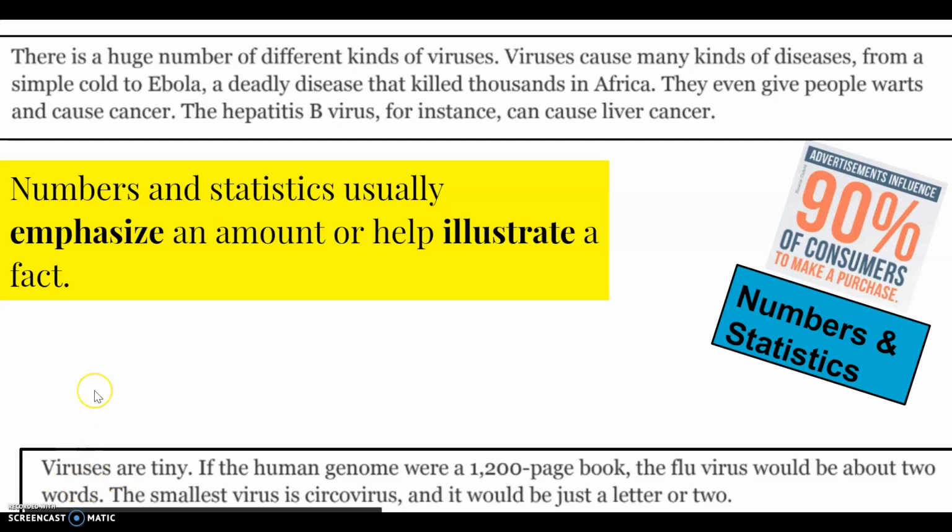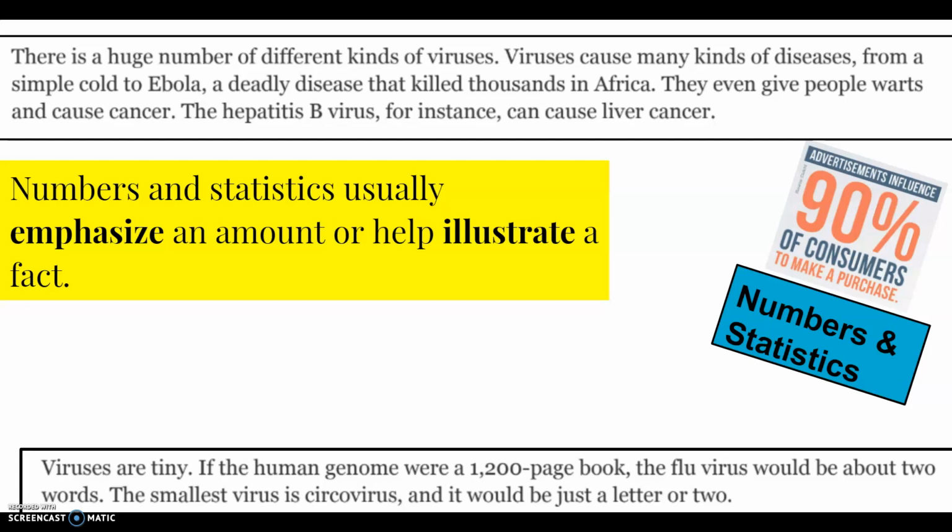Down here, the author has a different purpose but is using a number again. He states viruses are tiny. If the human genome were a 12,000 page book, the flu virus would be about 2 words. So the author is trying to illustrate and give us an analogy. He's comparing the human genome to a 12,000 page book and trying to illustrate how small and tiny a virus is compared to that.